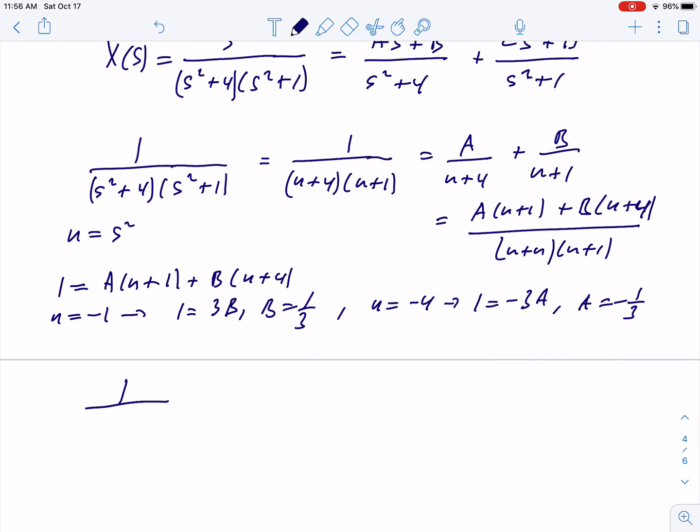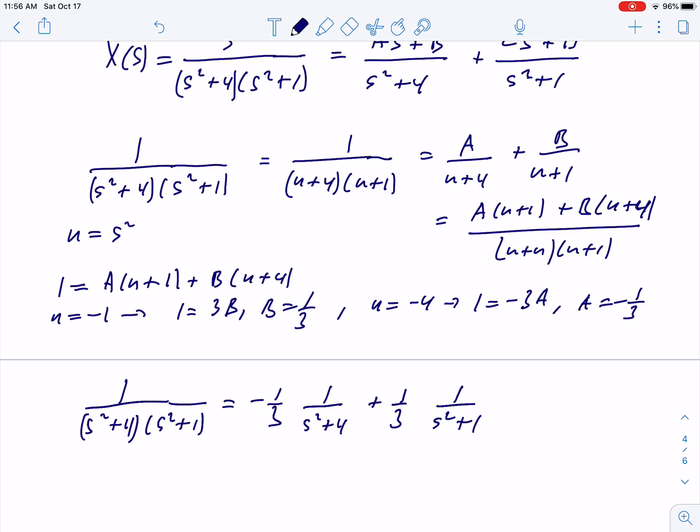1 over (s squared plus 4), returning to s squared plus 1. A is -1/3, and here we write 1 over, not u plus 4, but s squared plus 4, returning to s squared, and plus 1/3, 1 over s squared plus 1.